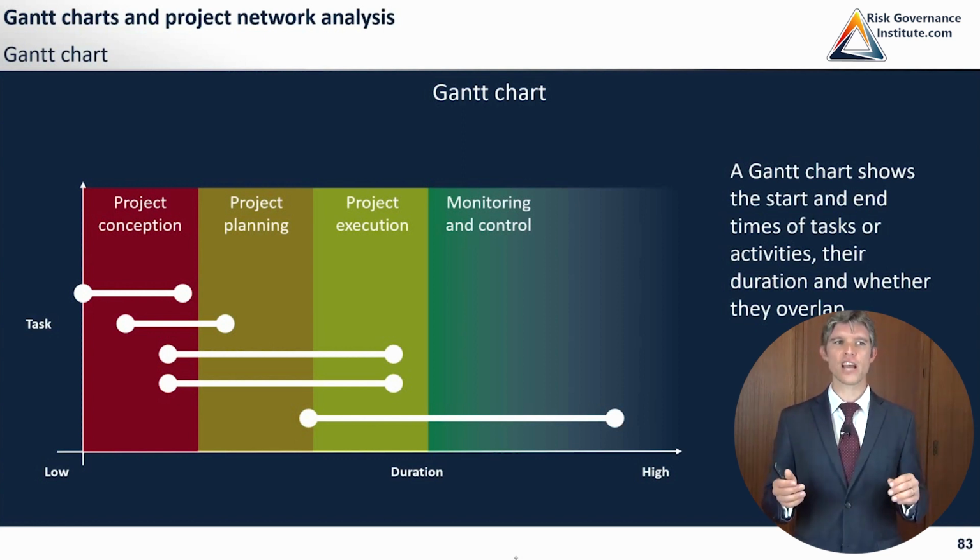Okay, so on 1st of January, we started with project conception. It's going to last until 1st of February. On 15th of January until the middle of March, we're going to do the project planning, etc. So it tells you what to do at what time and whether you have certain things that overlap, which is also going to tell you, okay, we have this activity that requires these workers.